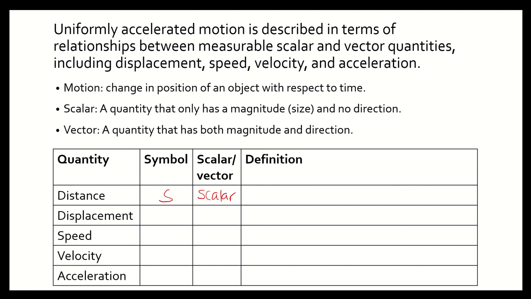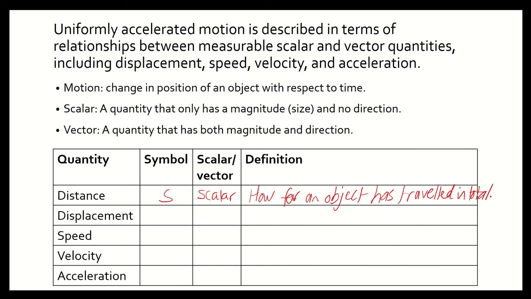And the definition of distance could be something as simple as how far an object has travelled in total. So it's the total distance an object has travelled.